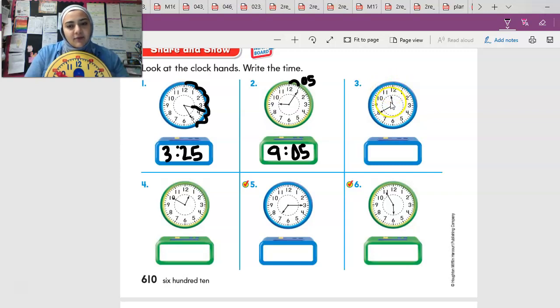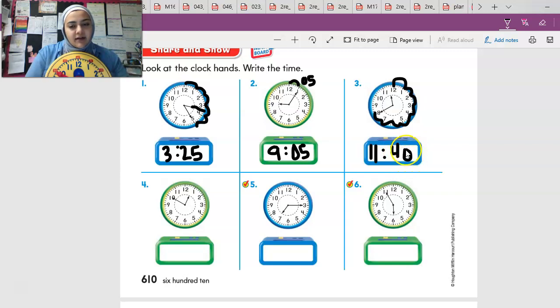Please try to understand that it's not 12:40 because the big hand is not on the 12 yet. Let me show you. 11:40. Right? This is 11 o'clock, right? 11:15, 11:25, 11:30. This is 11:40. Look, the big hand is not on the 12 yet.